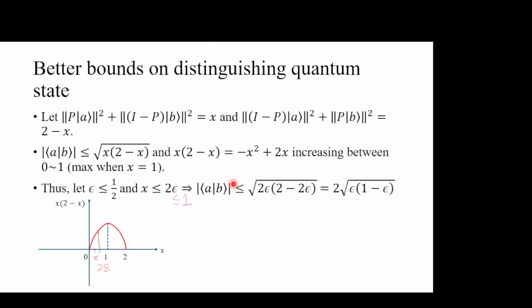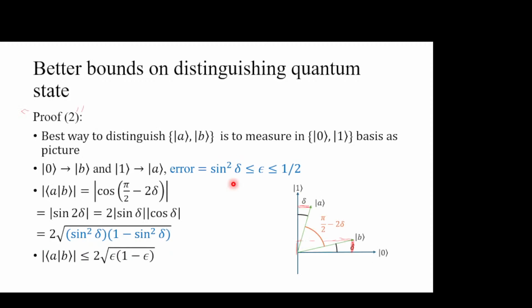I guess this is actually a proof, but anyway, there is this way to distinguish A and B. I guess we didn't prove that it is the best way, but one way to distinguish A and B is doing this. Then we will see that sine squared delta is less than epsilon.